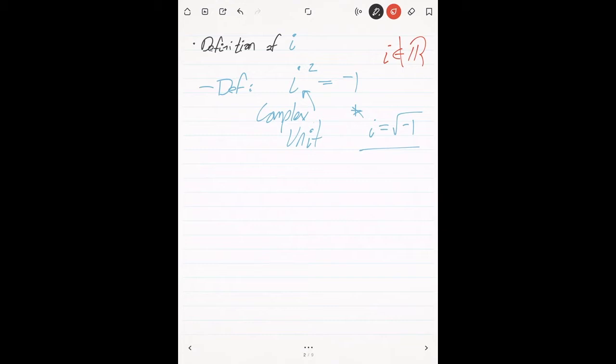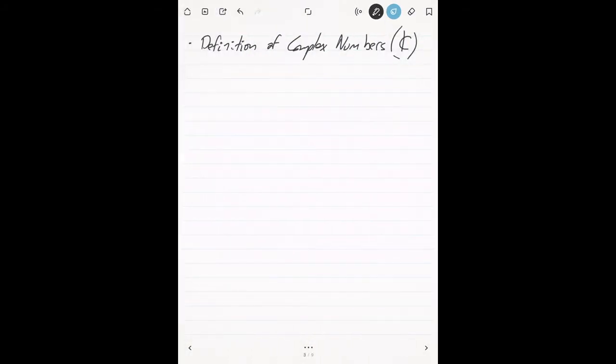Instead, we have to work with things called complex numbers, and we're going to work in the complex number system. The complex number system is an extension of the real number system.